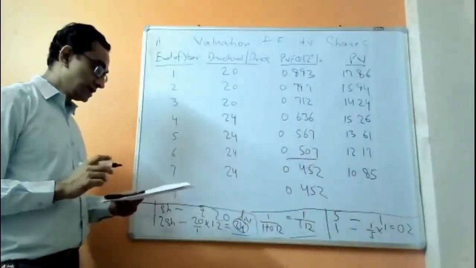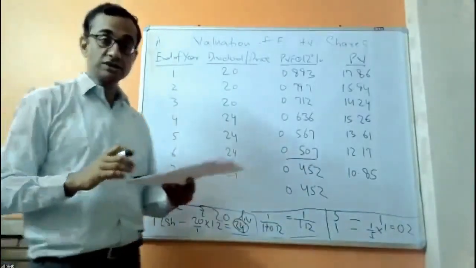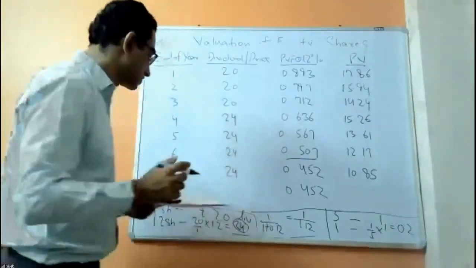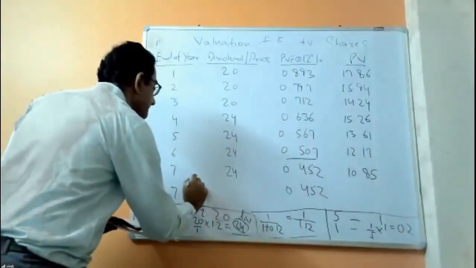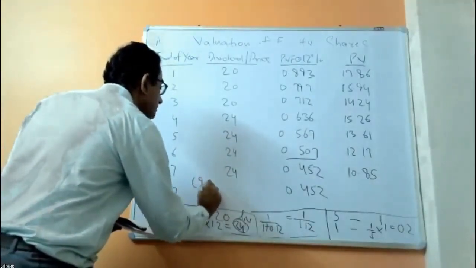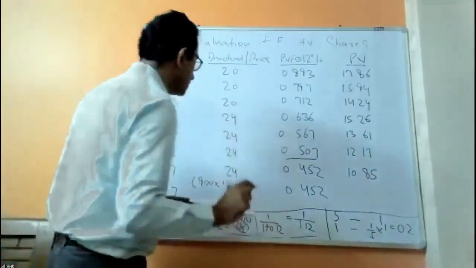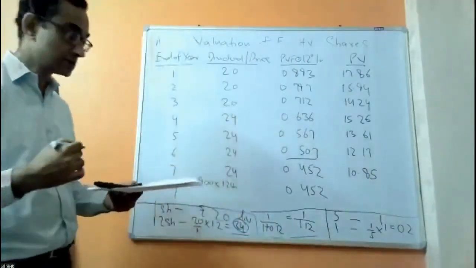And in the final year, he is expected to sell the shares at rupees 900. So it will be 900 into 1.2 shares. Mind you, the shares are now not 1, it is 1.2 after the bonus issue.